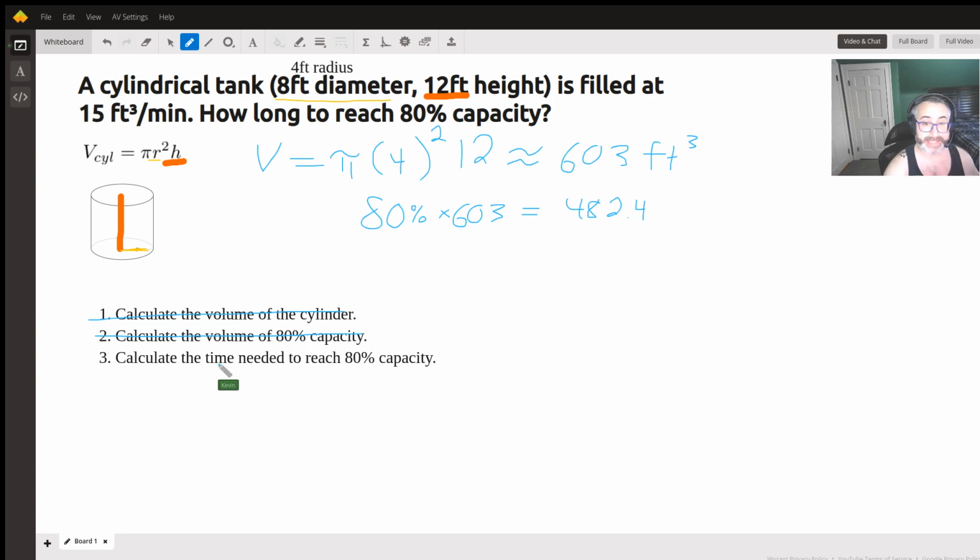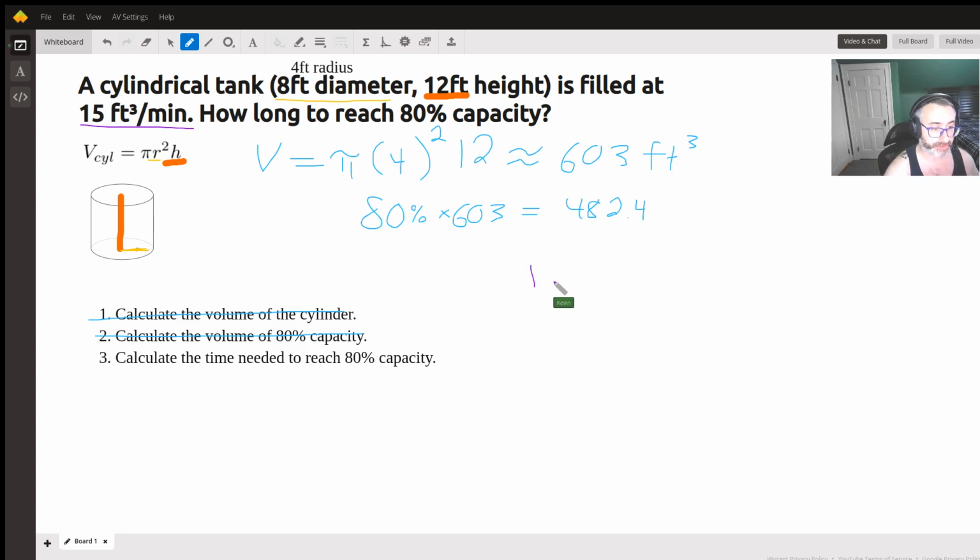Finally, we need to calculate the time needed to reach 80% capacity. What we know is that it fills at 15 cubic feet per minute. And we want to know how much time it will take to do 482.4 cubic feet. One way that we could think of this is with proportions.